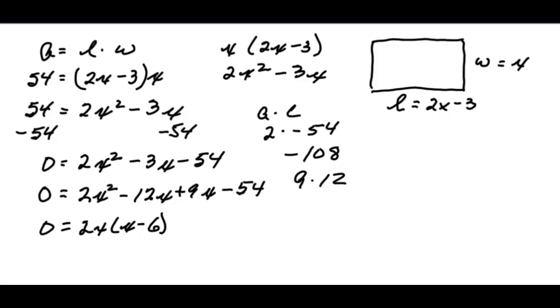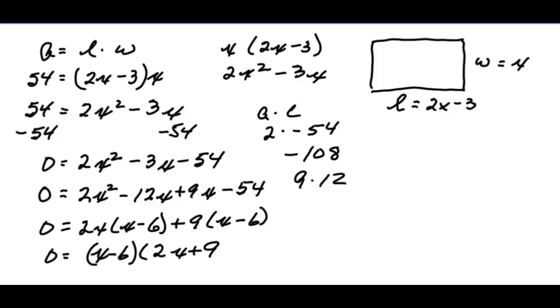And the second factor, we have plus 9 times x minus 6. So now what we have is 0 equals x minus 6 times 2x plus 9.